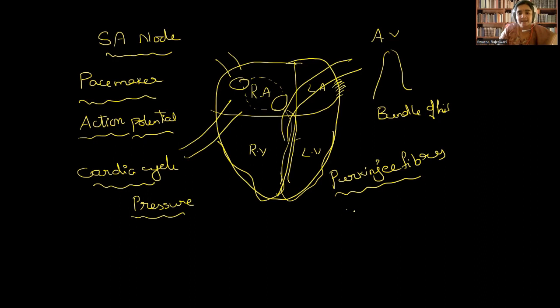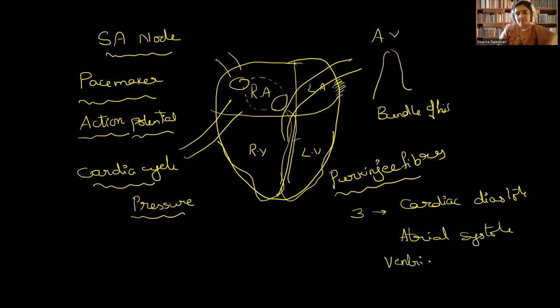So the first one is cardiac diastole. Next, atrial systole. The next one is ventricular systole. The entire cardiac cycle is divided into three stages. So the first one is cardiac diastole.